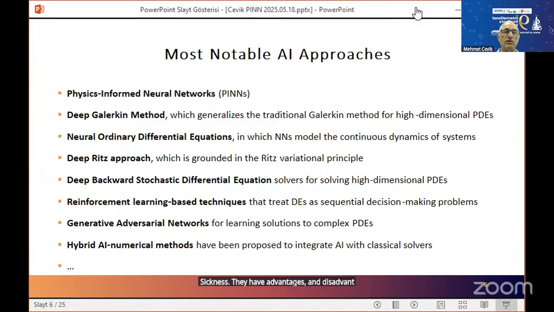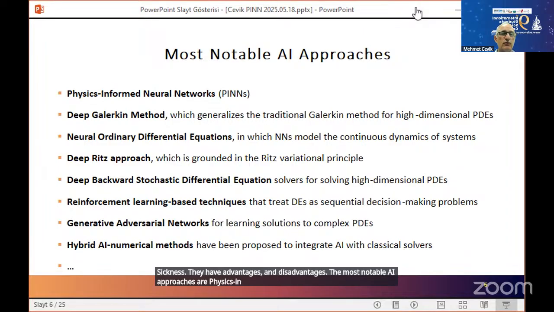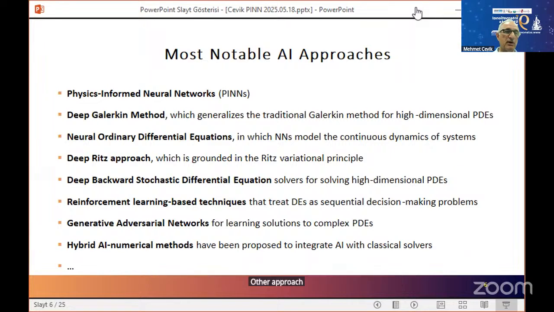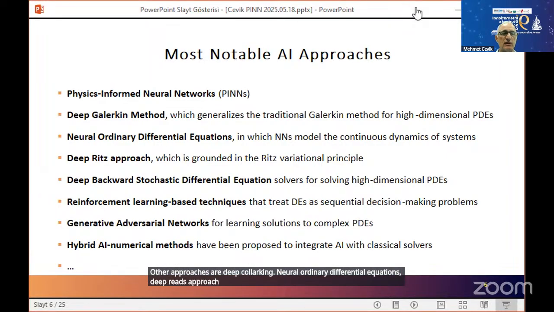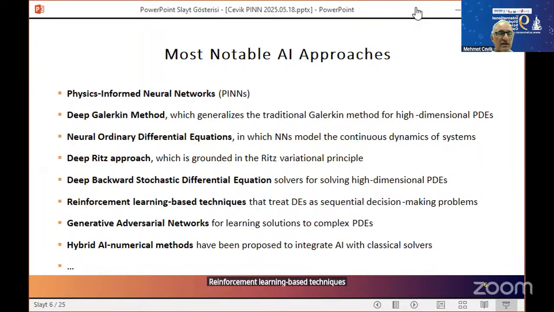The most notable AI approaches are physics-informed neural networks, which I will mention today. Other approaches are deep Galerkin, neural ordinary differential equations, deep Ritz approach, deep backward stochastic differential equation, reinforcement learning-based techniques, generative adversarial networks, hybrid AI numerical methods, and some others also.